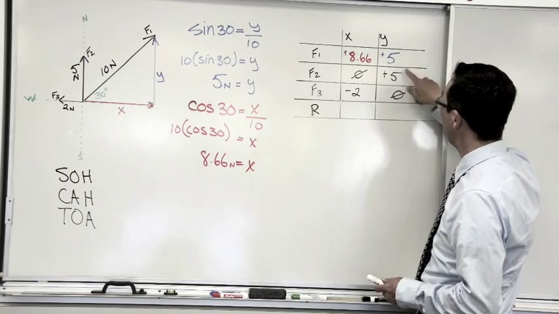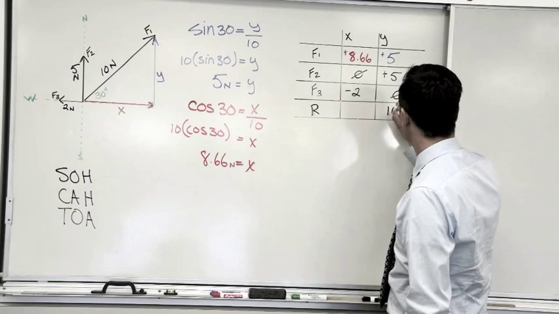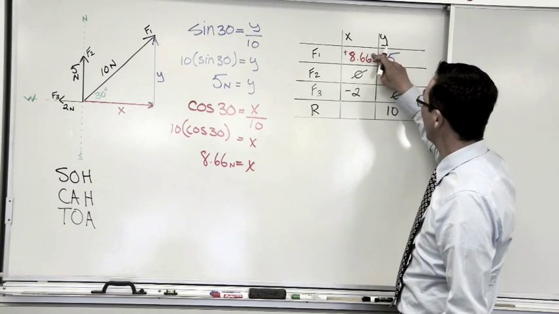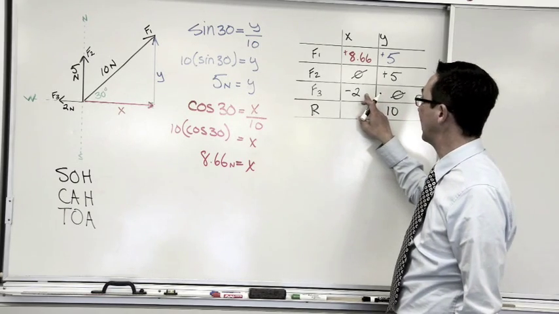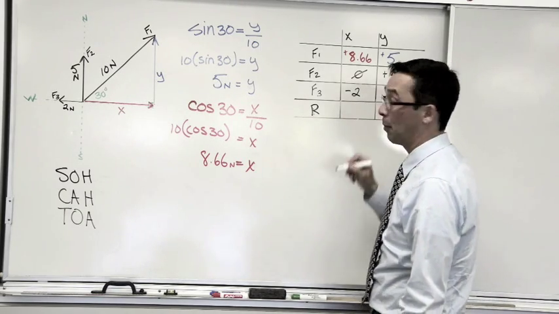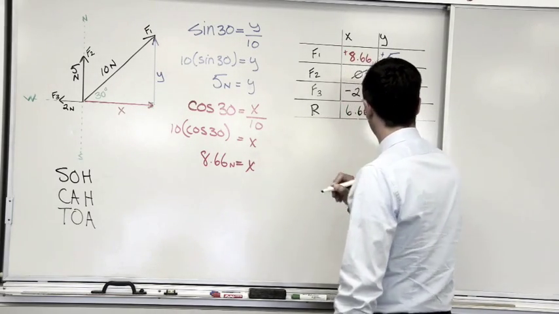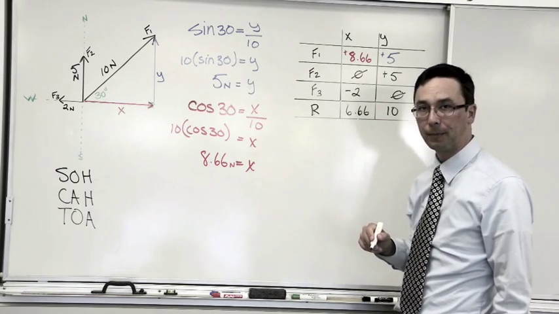Now, what you're going to do is add the vector components for the x and the y separately. The 5 here and the 5 here will make a total of 10 newtons vertically. The 8.66 and the -2, when added together, will make a 6.66 Newton horizontal force.